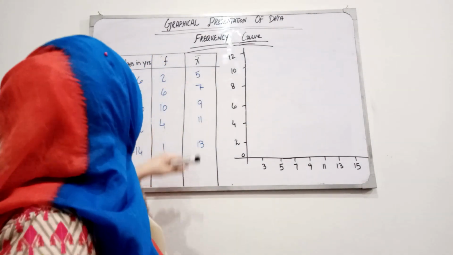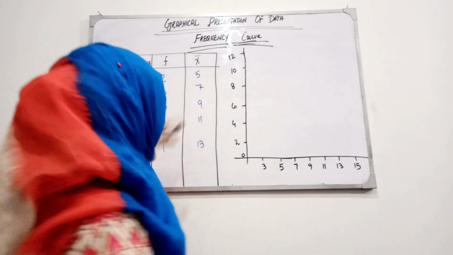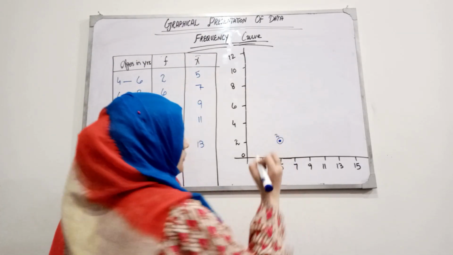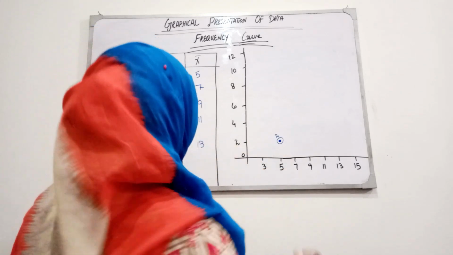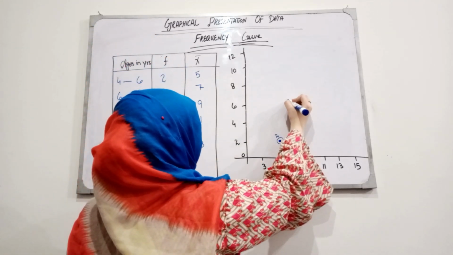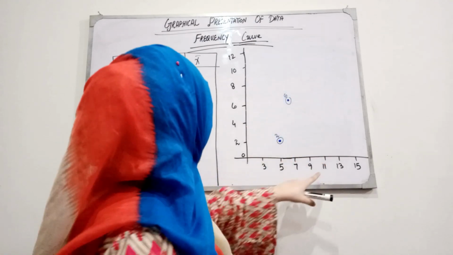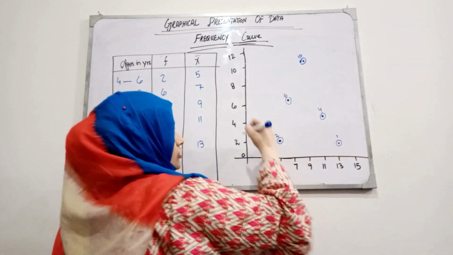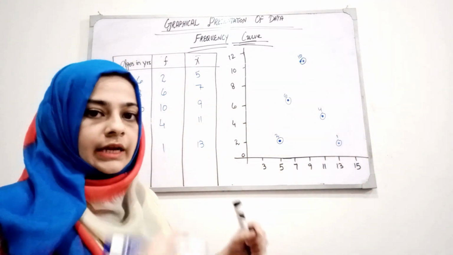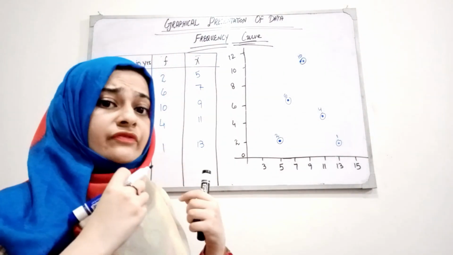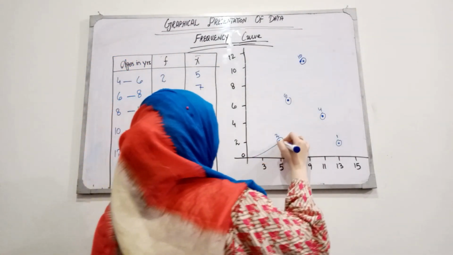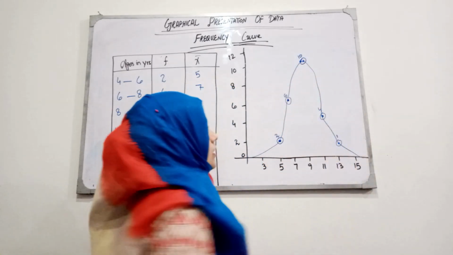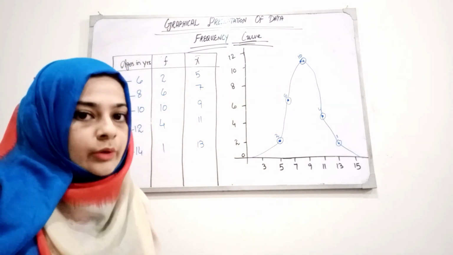So the first frequency 2 has a midpoint of 5, so I will mark 2 here. 7 has a frequency of 6. Now I will construct the frequency curve, and I will make a curve here freehand. So this is how we construct the frequency curve.